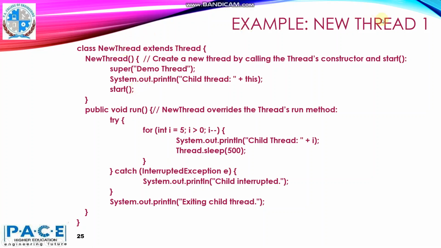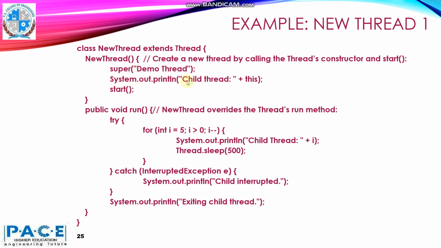This is an example of how to create a new thread class by extending Java's Thread class. So we are creating our new thread class which extends Java's Thread class. In the constructor of our new thread class, we call the constructor of the Thread class, and as a parameter we are passing the name of the thread.